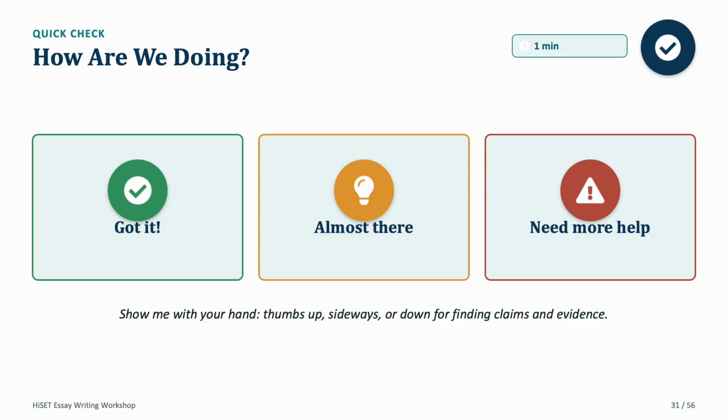This just tells me how much practice we need before moving forward. Now, if you need help, remember, ask yourself, what does the author believe? That is probably the claim. Then ask, what information does the author use to support that belief? This is the evidence.